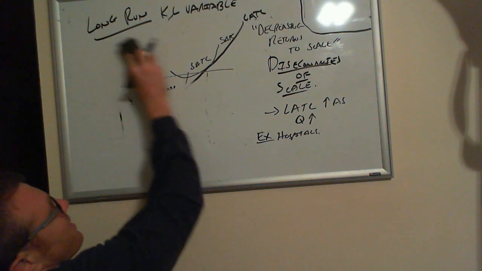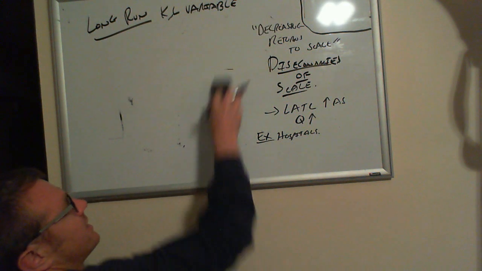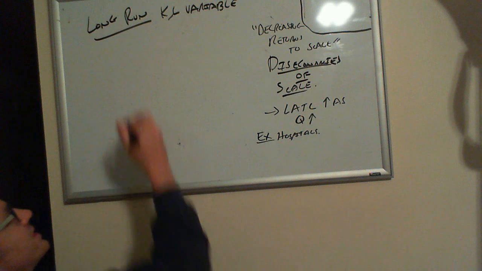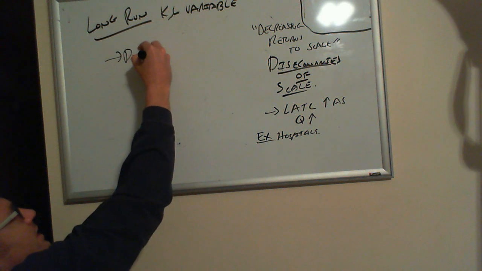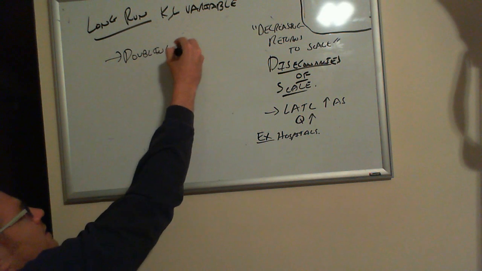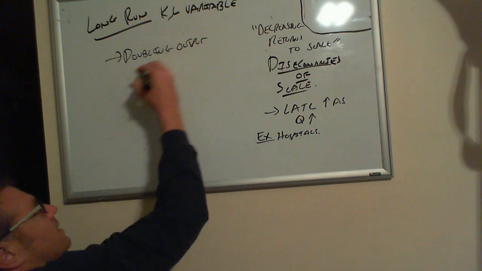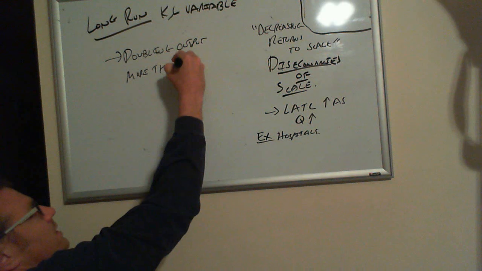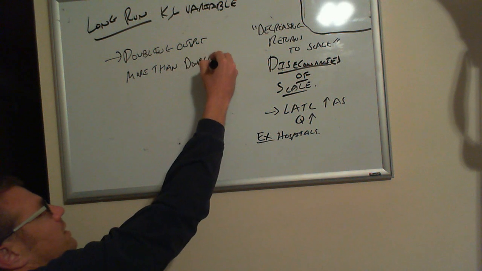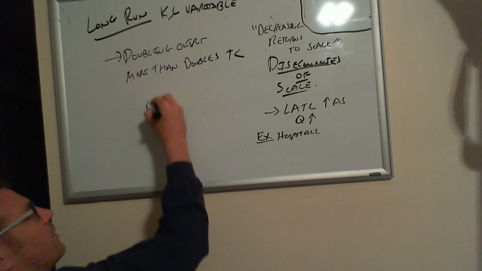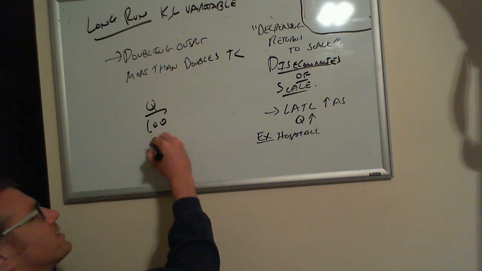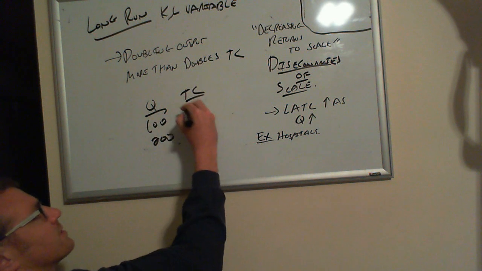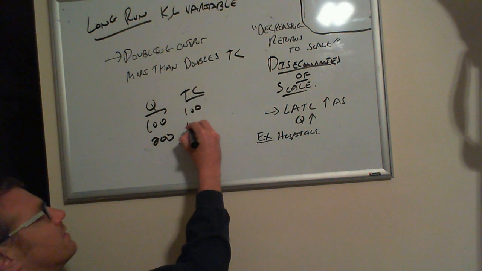If we want a mathematical example of this, the secondary definition is that doubling output more than doubles total cost. So quantity 100 to 200, total cost 100 to 400.